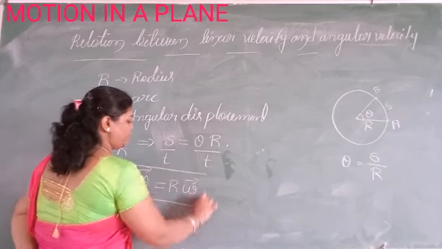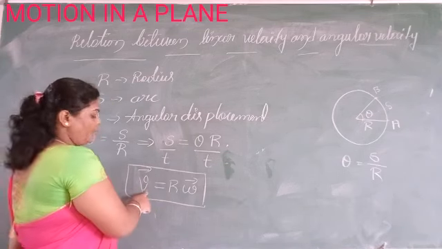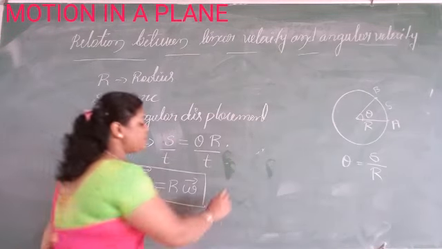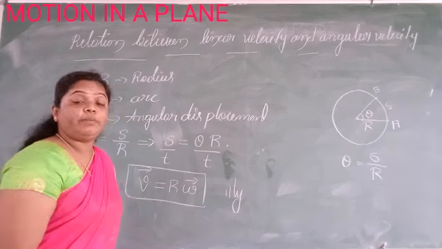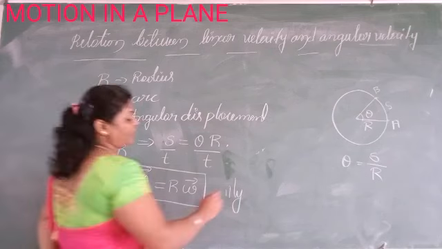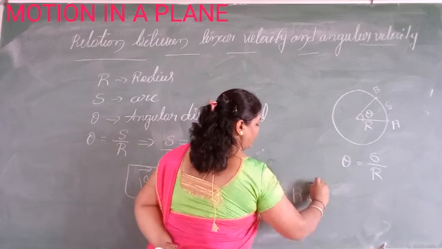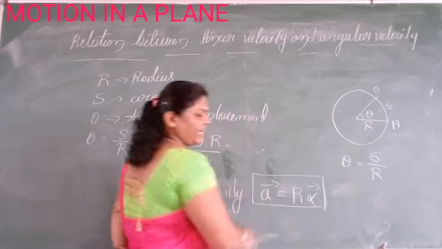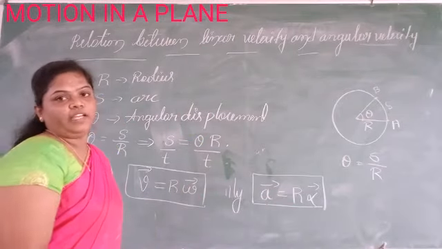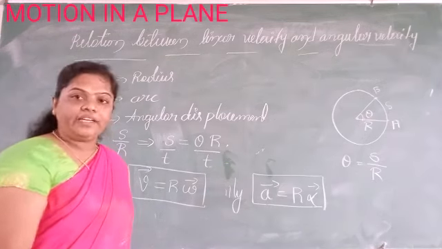So this is the relation between the linear velocity and the angular velocity, where v is the linear velocity and omega is the angular velocity. Similarly, the relation between the linear acceleration and the angular acceleration is given by a is equal to r into alpha, where a is the linear acceleration and alpha is the angular acceleration. A 2 marks question can be asked: what is the relation between the linear velocity and the angular velocity?